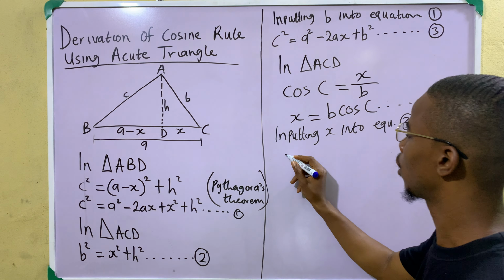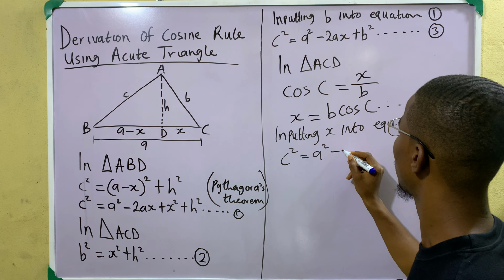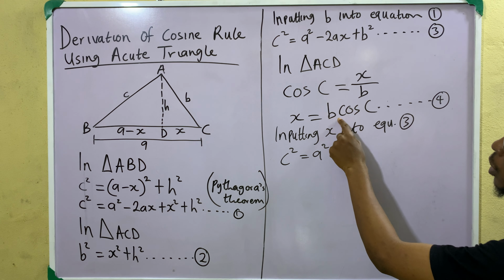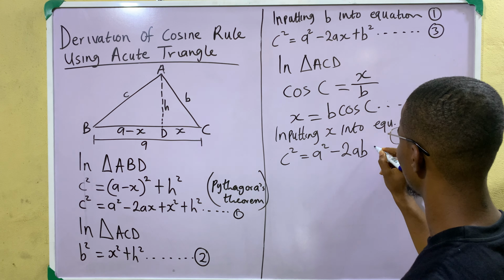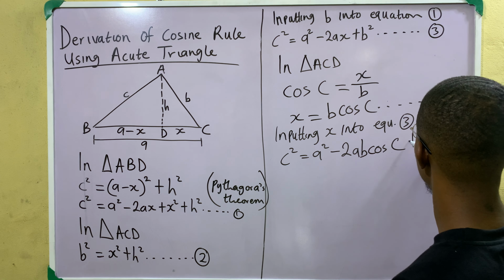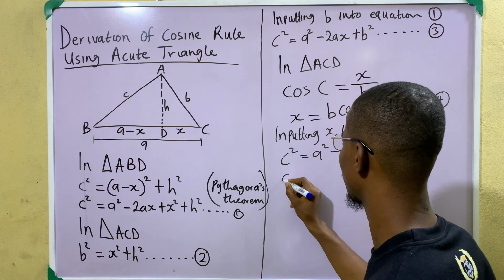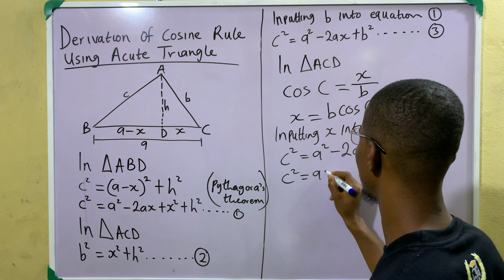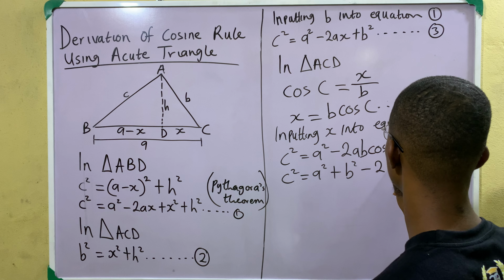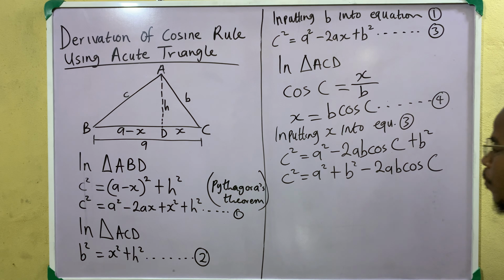Now equation 3 becomes c squared equal to a squared minus 2a, in place of X I'll put b cos C, then plus b squared. I can rearrange this to be c squared equal to a squared plus b squared minus 2ab cos big C.